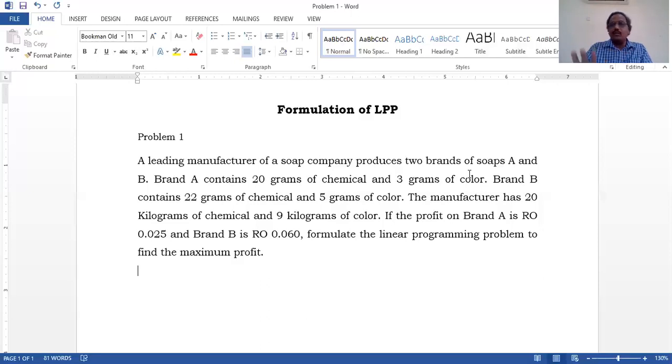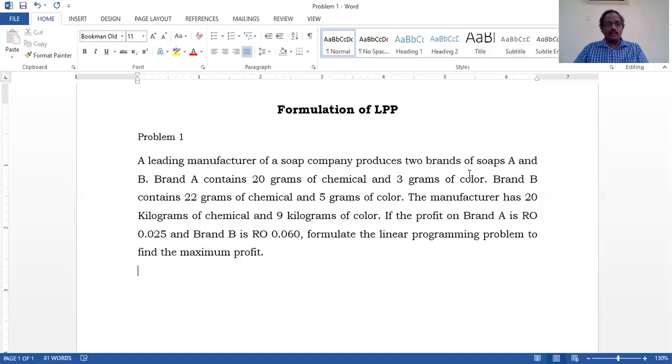So when you read the overall question, you can identify we are having different terms. One, they have given about the product. Then they have given about the composition. Then about the availability. Then about the profit. Then in the last line, they have defined the objective.